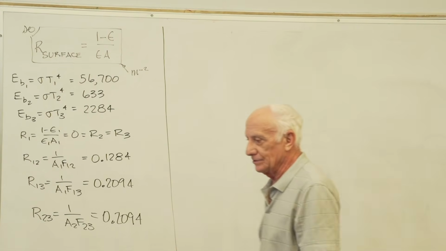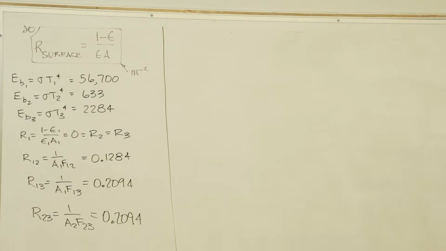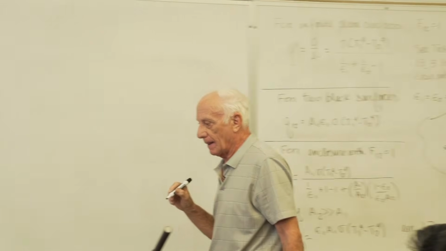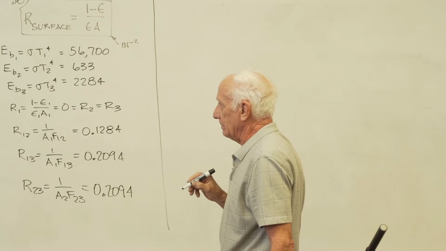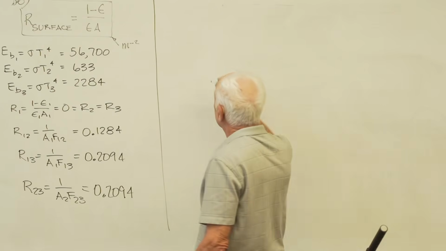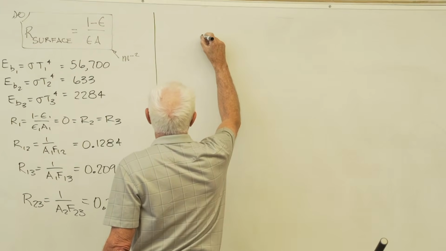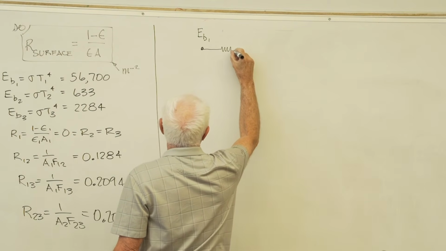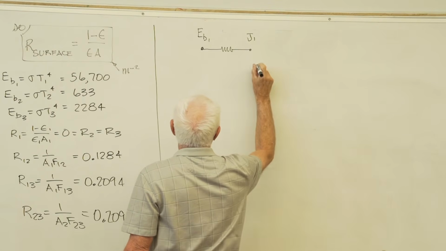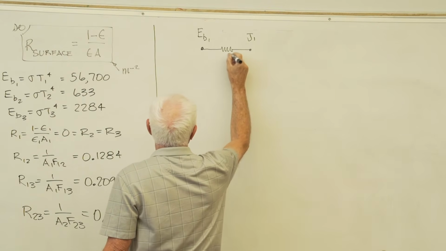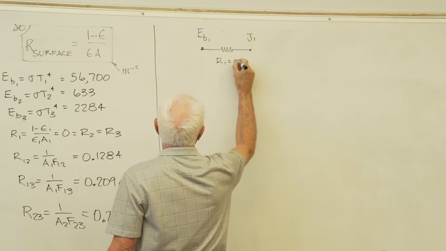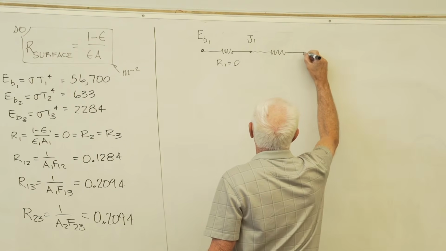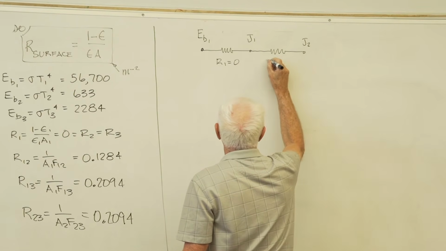Next step, construct the circuit. It's a lot like what we did in Chapter 3 for conduction. We start out with surface 1, EB1. Surface resistance connects it to what? J1. Surface resistance, 0. J1 connected to J2. Space resistance, R12.